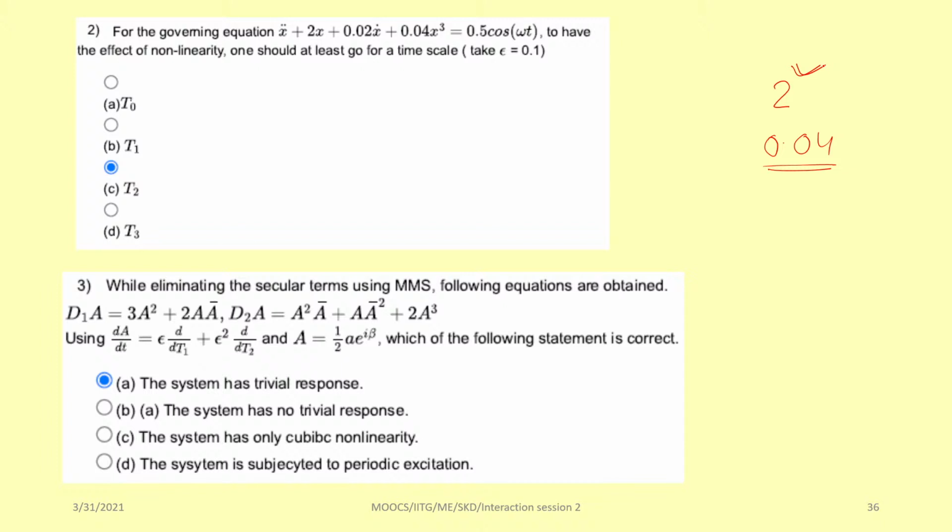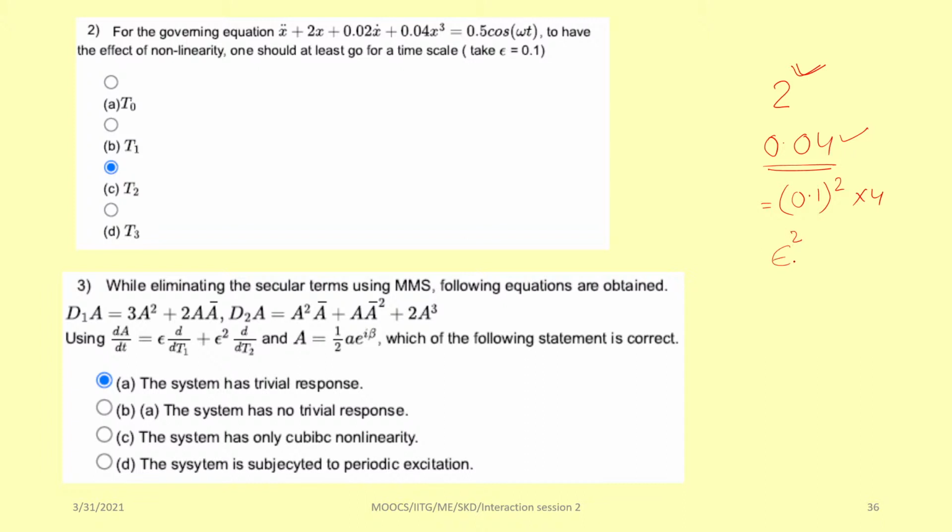If you are taking, for example, epsilon equal to 0.1, then this can be written as 0.1 square into 4. 0.1 square equals 0.01, into 4 becomes 0.04. That means your nonlinearity is of the order of epsilon square.